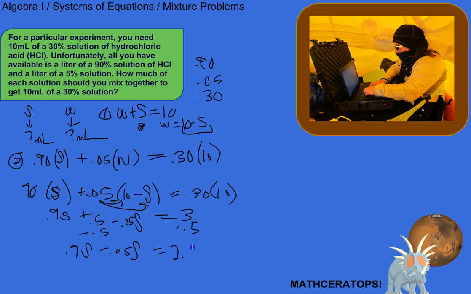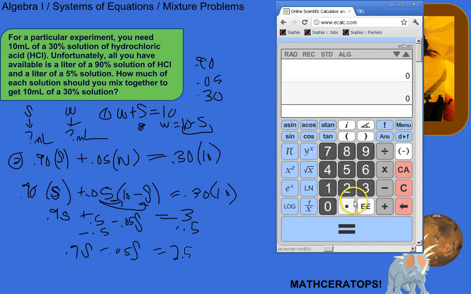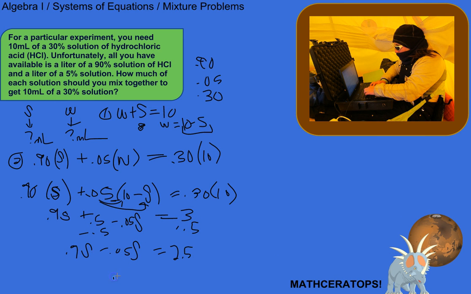Sorry about that. Okay, then 0.9 minus 0.05. Just doing that on the calculator to save some thought. This is a long lesson, and I'm starting to space out.